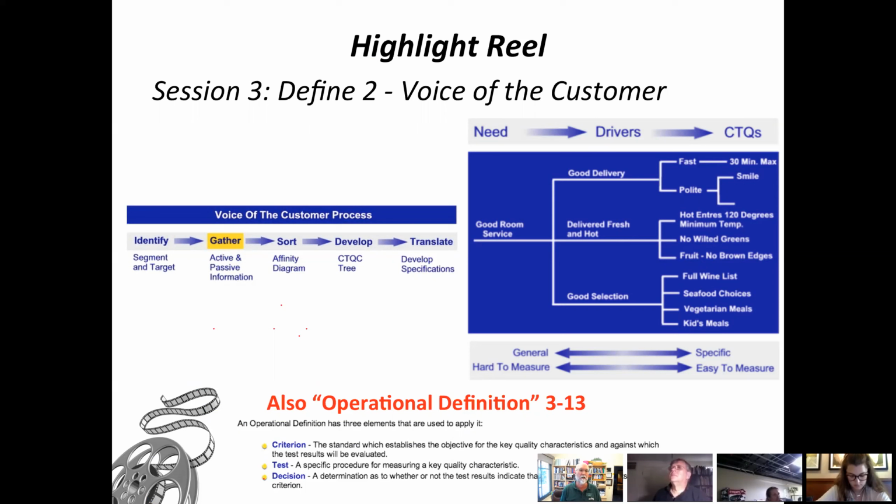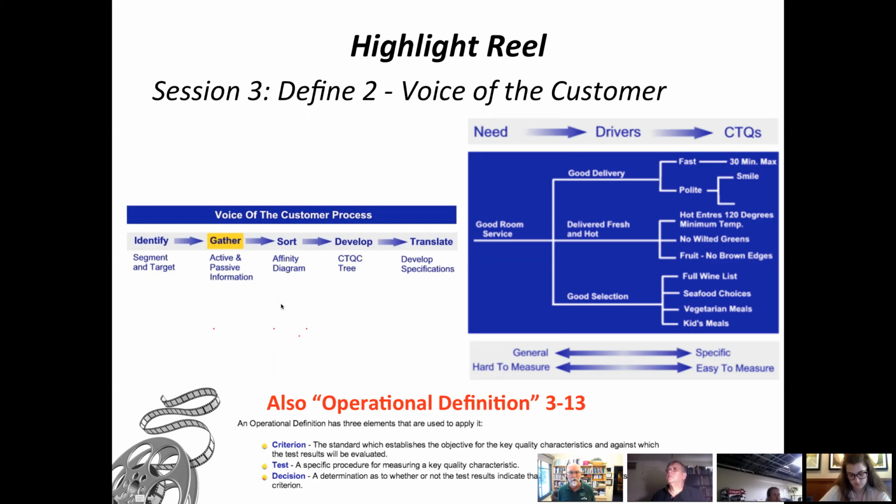We've got a voice of the customer process, where first we identify some target segment or market. We gather active and passive information. We sort that out. We develop a critical to quality characteristics tree, and ultimately translate that into specifications or some clear definition for the people on the floor of what the customer wants and how we're going to make that happen.